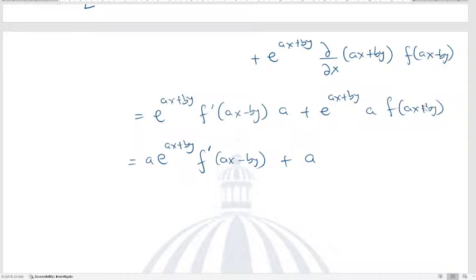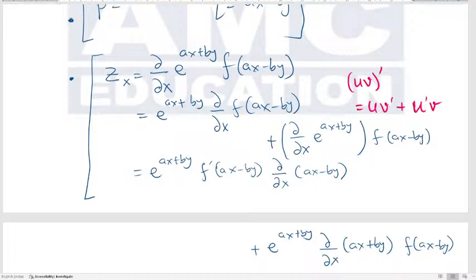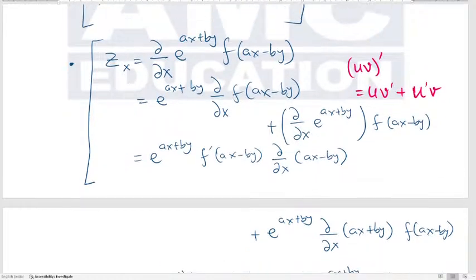So this term over here is same as z, so we can directly write z over here. And that is zx. This entire thing is zx.